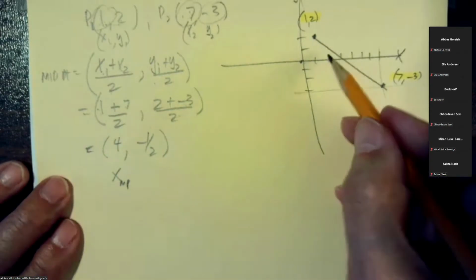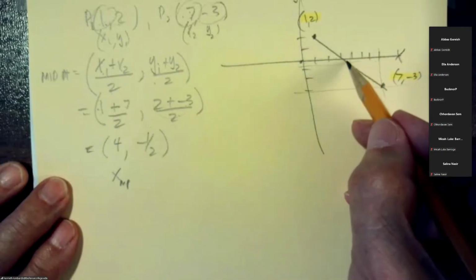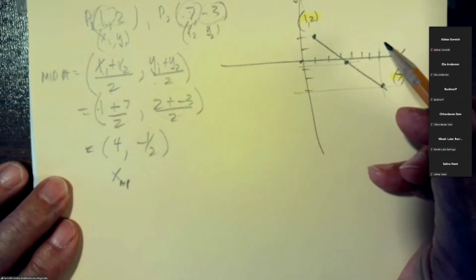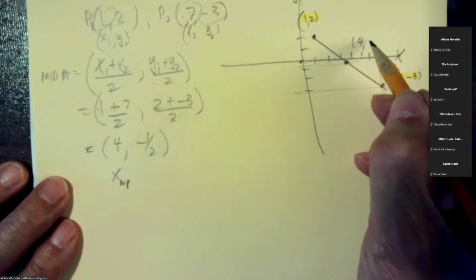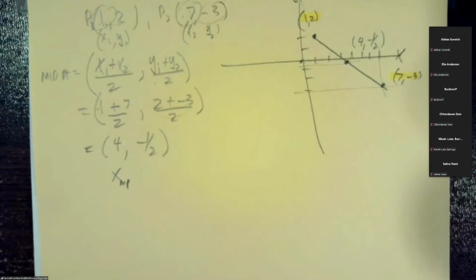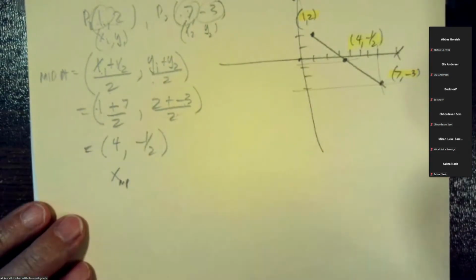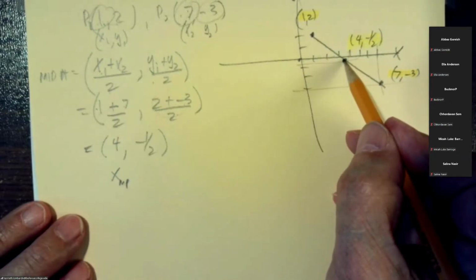So that's -1/2. So we'd say, well, it's 4, 1, 2, 3, 4, and down 1/2. So it's going to be approximately here somewhere. And I'll say 4 and -1/2, so I know exactly where it is. Depending on how good my graph paper is, I could say it's about here.